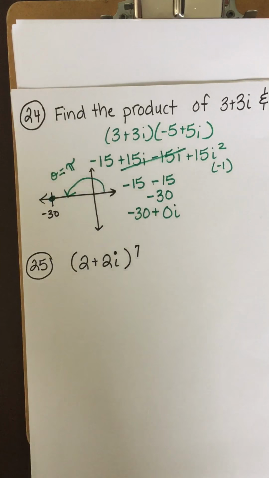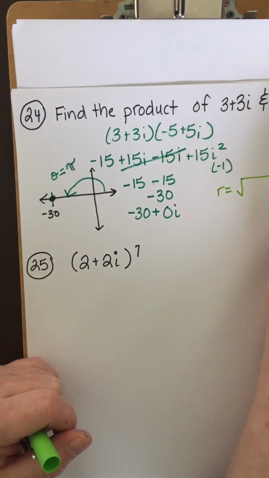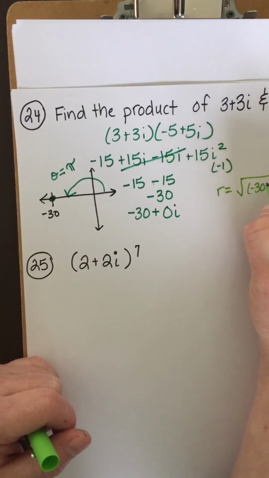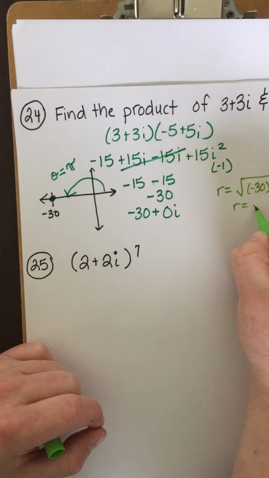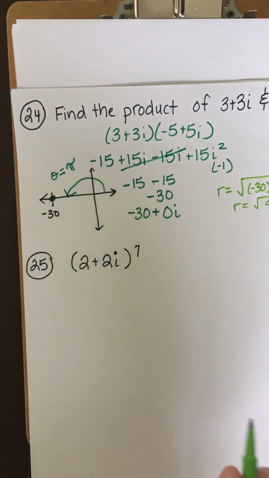To get r, it's going to be awesome too. r will be the square root of negative 30 squared plus 0 squared. Well, that is the square root of 900, which is 30, right?